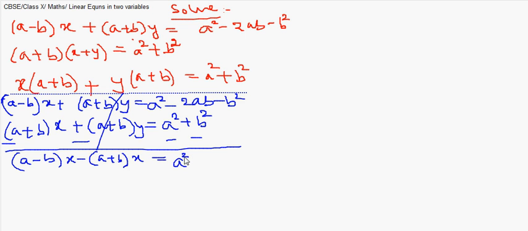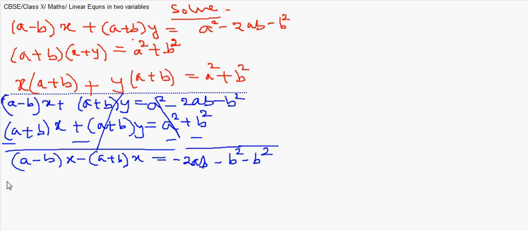Oh, this a square gets cancelled, isn't it? Yes, this a square is getting cancelled, thereby leaving us with a minus 2ab, minus b square minus b square.